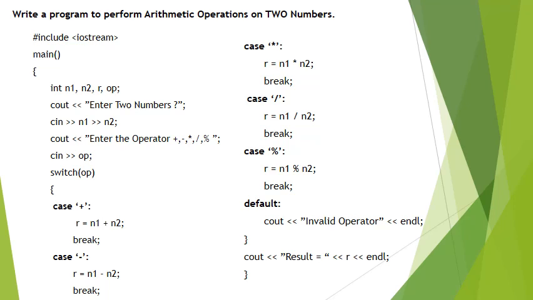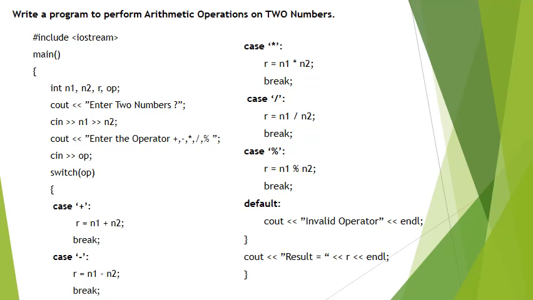Suppose the operator given is the modulus operator, that is the percentage operator, then it will calculate the remainder after the integer division n1 by n2. And it will store the remainder in variable r, and it will also exit from the block.